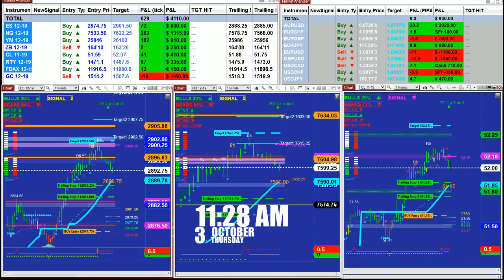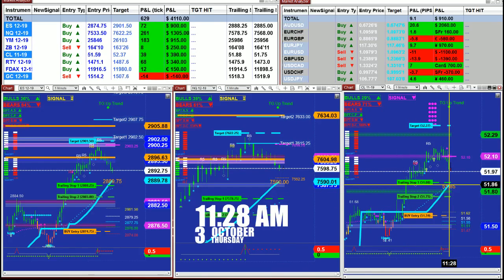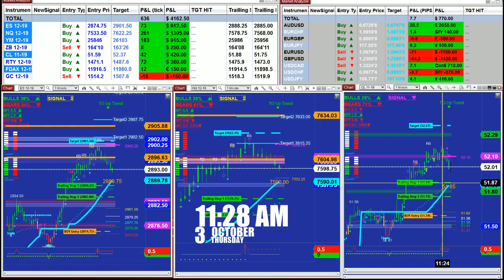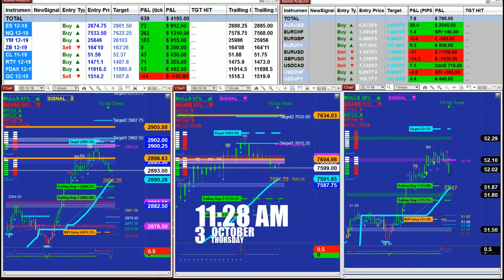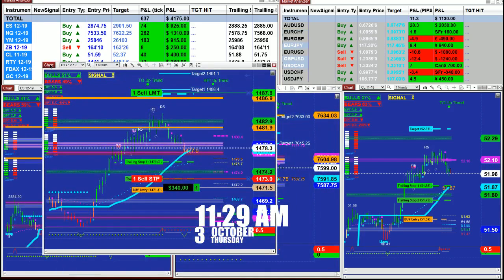And then we have 51.85 re-entry point on the CL. For the Russell also, the Russell is a little bit tricky here.